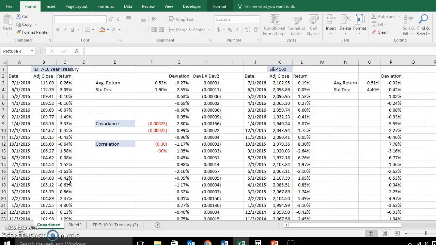From those monthly values I have calculated the monthly returns, and you can see that information over here.